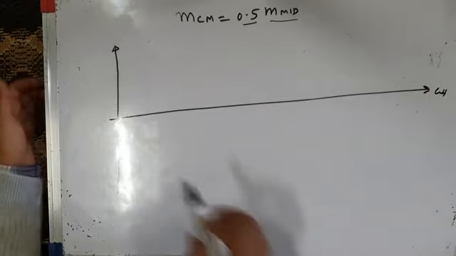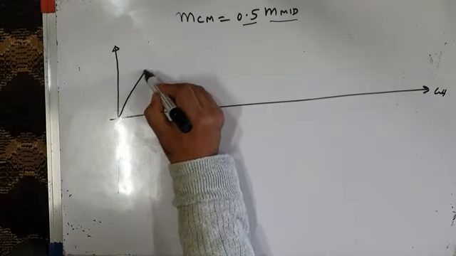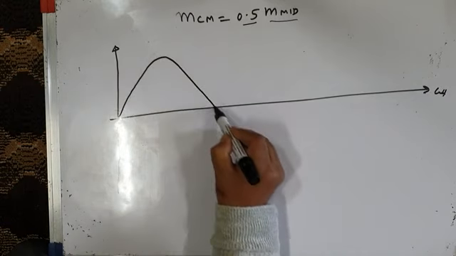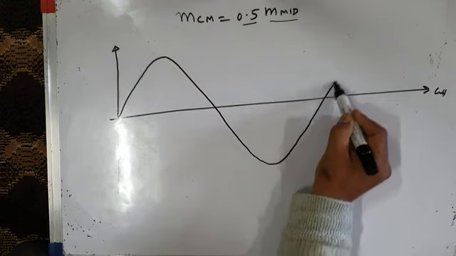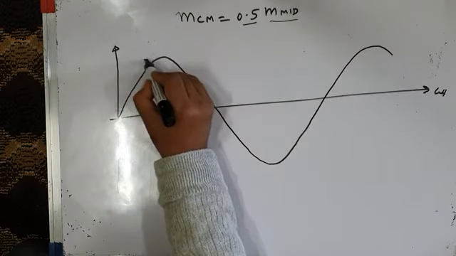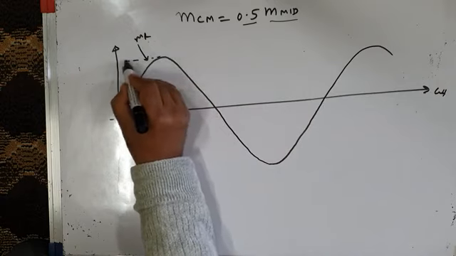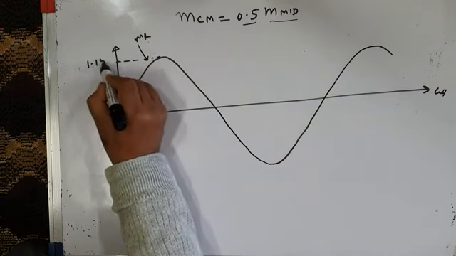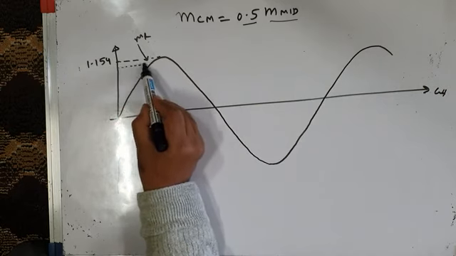I will draw MR first, the original modulating waves MR, MY and MB. This is the original modulating wave MR, and let me take its peak value equal to 1.154, not 1, but 1.154. 1 is somewhere here.